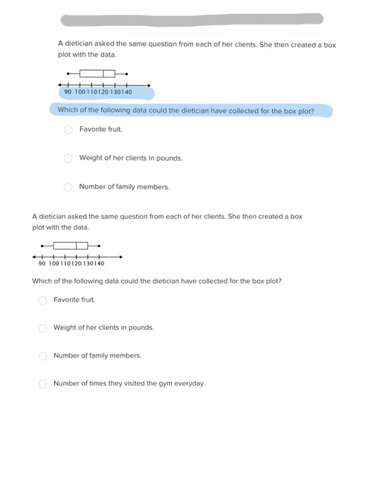That isn't a favorite fruit. Could it be weight? Do people weigh between 90 and 140 pounds? Yes. Could it be the number of family members? Let's hope not. That doesn't seem to make sense. So the only one that seems to make sense is the weight of her clients in pounds.